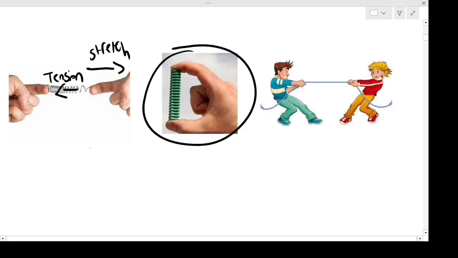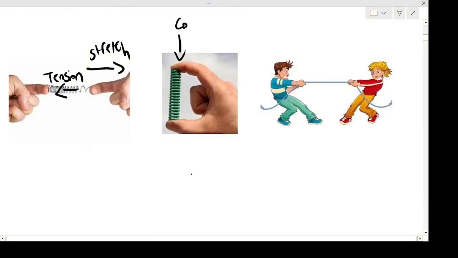Then we've got this example, which is compression. The finger on the top is pressing down on this spring, so the compression is downwards. Again, the spring doesn't like that, so it produces a force upwards in the spring to oppose it. When it's compression, it's what we call a thrust force.